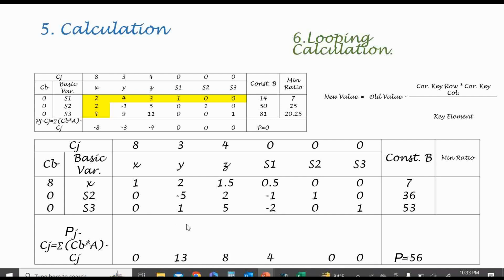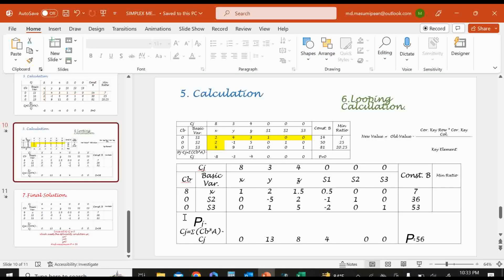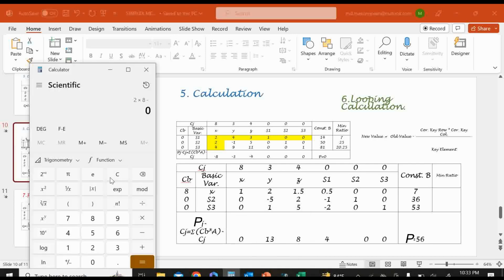Let us consider how we determine these values. We use this formula to determine these values. Okay, let's check. Suppose, what will be the new value of this 5?